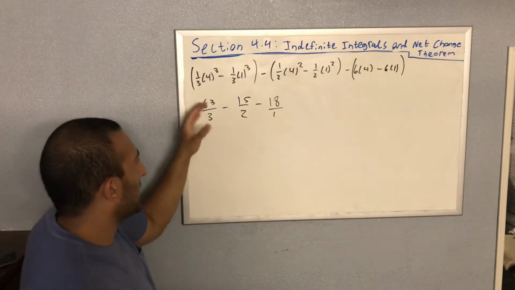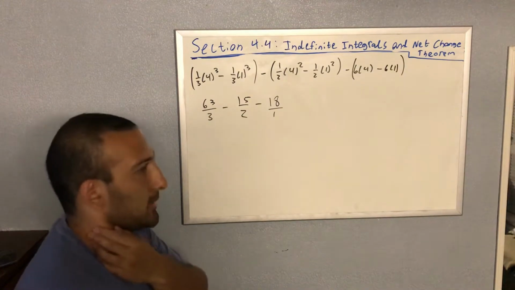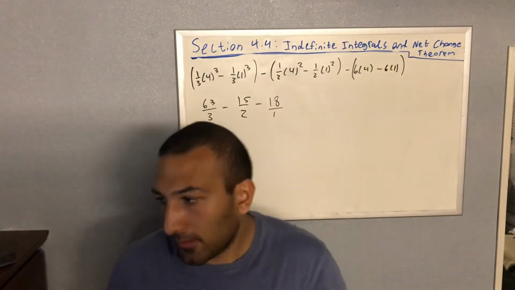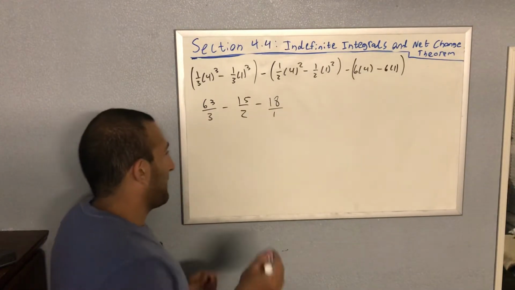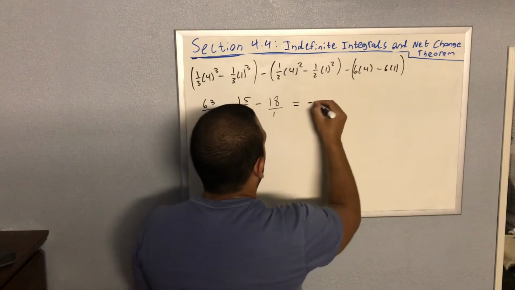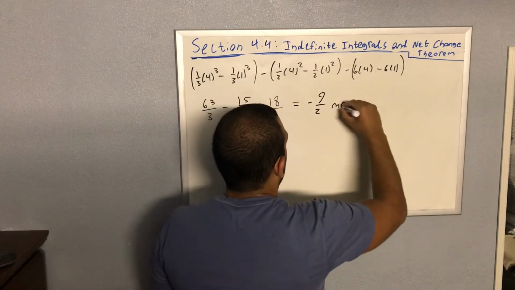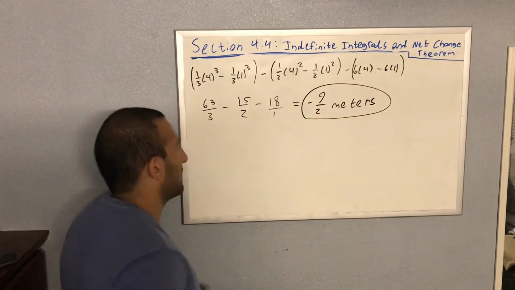Now we essentially need a common denominator because this is like over 1. The common denominator between all of these is going to end up being 6. At this point, once you do the algebra, this is just arithmetic, so I'll leave it up to you. You'll end up getting negative 9 over 2 meters. That becomes the final answer.